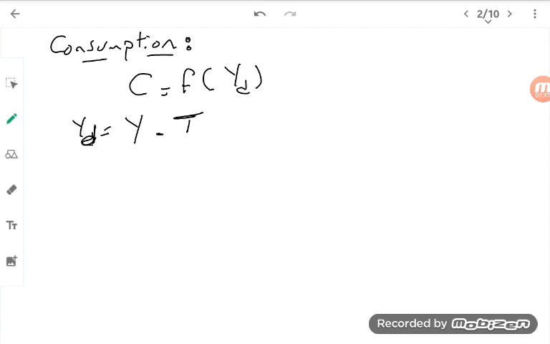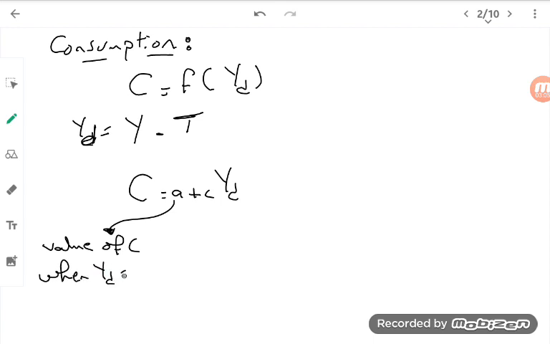We can write the consumption function as C equals A plus small c YD, where A is the intercept, which is the value of C when YD equals 0, and small c is the marginal propensity to consume, or MPC, which is the change in consumption due to a change in disposable income by 1 unit.